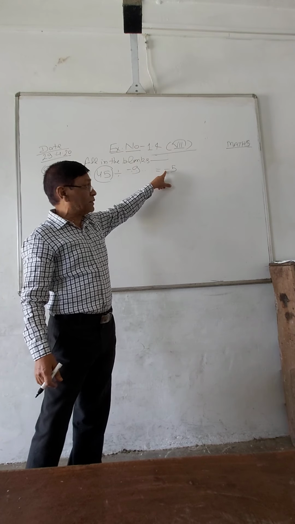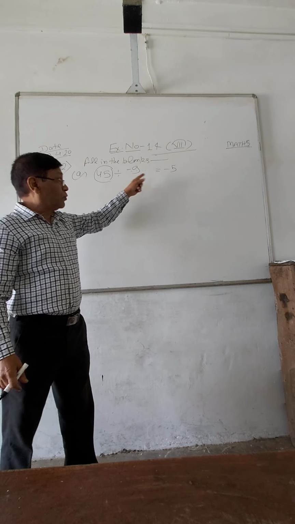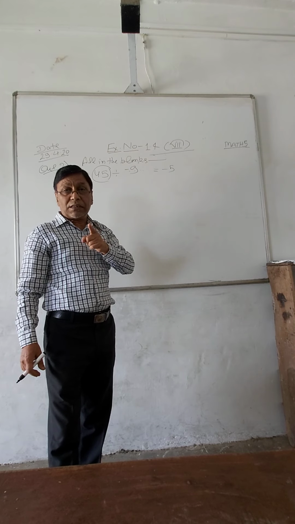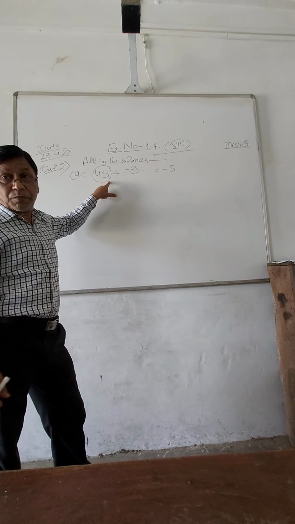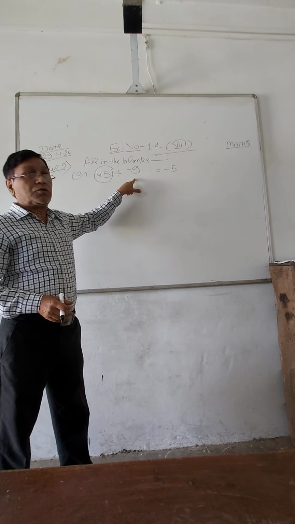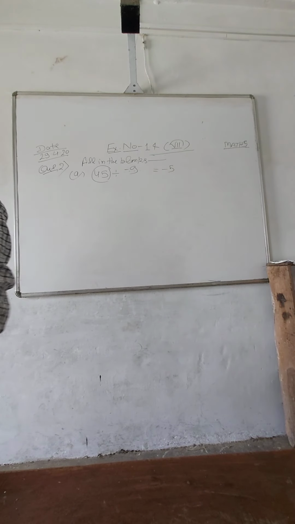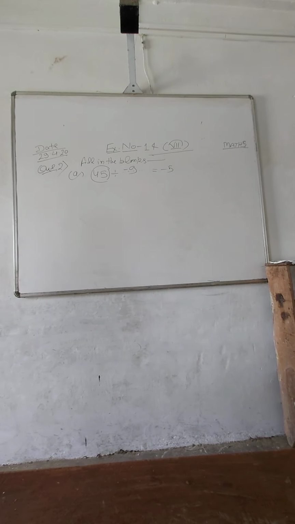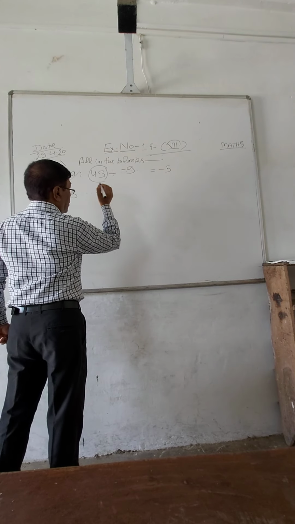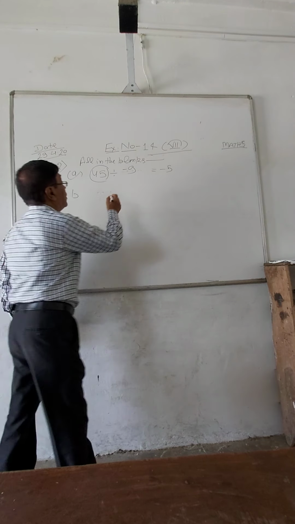Now check the sign. If it is negative, see both the signs. Negative comes when both numbers have different signs. Since this is positive, the other number will be negative. So this number will be minus 9.